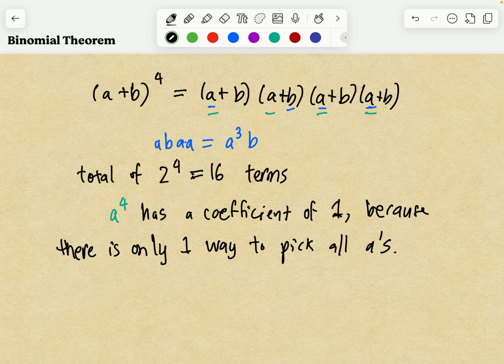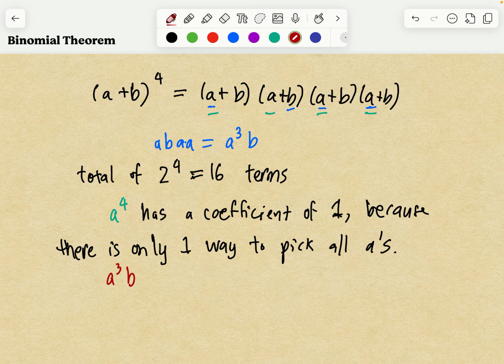Okay, what about a cubed b? So the terms in the expansion are going to have degree 4, right? So a to the fourth has degree 4, a cubed b has degree 3 plus 1, which is 4. So now we have to think about, what are all the possible ways to get a cubed b? Well, one way was to do what we just did: make the first choice a, the second choice b, and the third and fourth choices a.